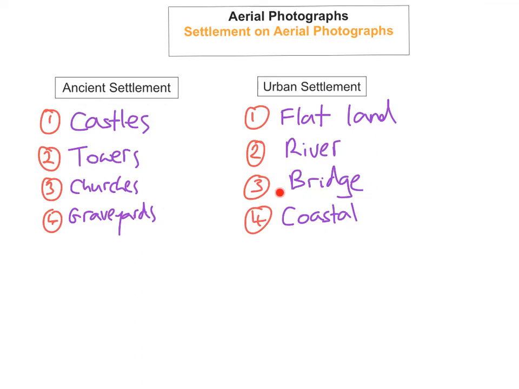Maybe this was because of ports for importing and exporting goods. If you look at settlement on aerial photographs, you can find some of these things by looking at the photograph, and this will indicate reasons why the town actually grew there and why it began in that place.